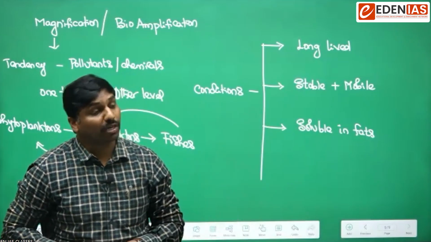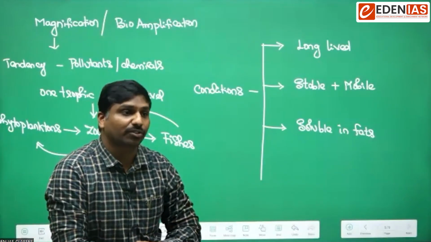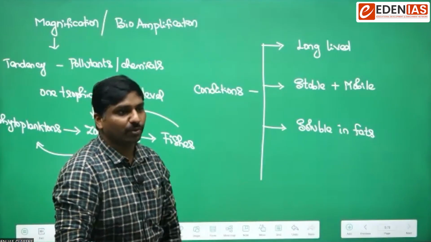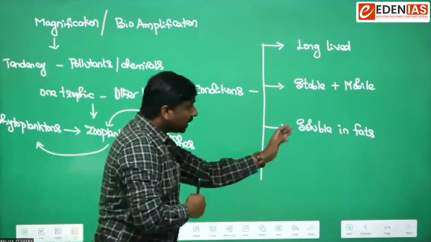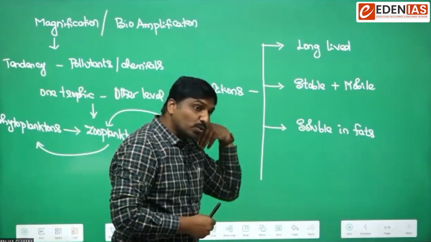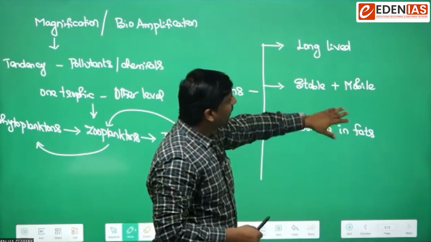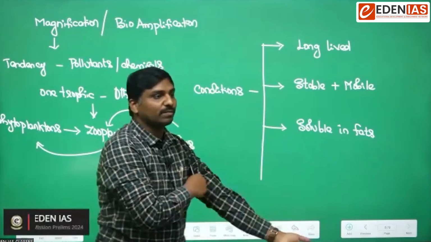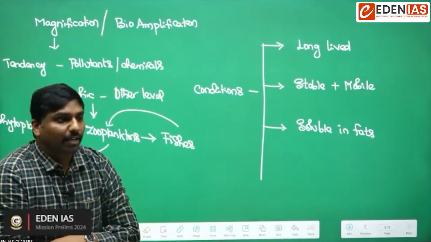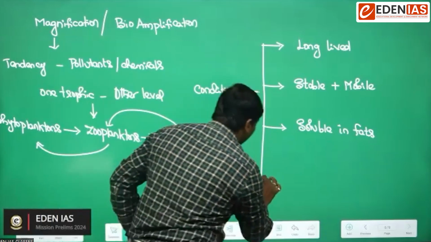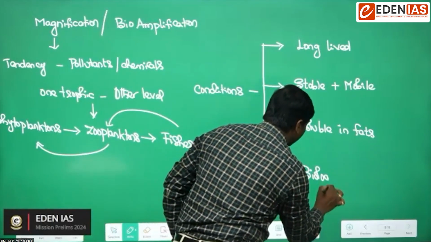Because if it is water soluble, it can be eliminated by the organism through excretion, in the form of urine. If it is soluble in fats, it can be stored in the body, and thus it can become long-lived or mobile. So that is one thing. The next important and final condition is that the pollutant should be biologically active.